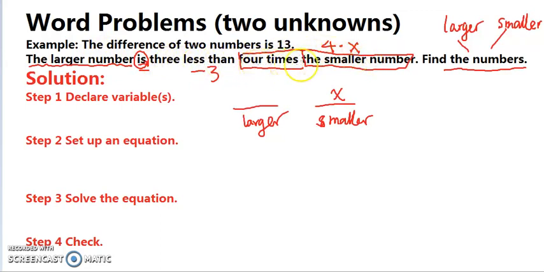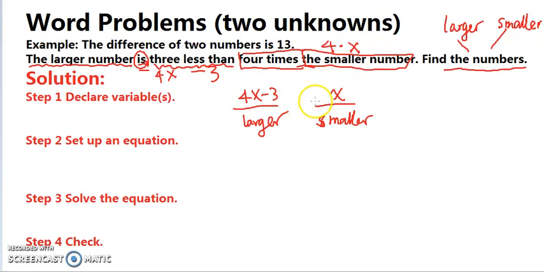The smaller is x, so 4 times x, and then we add 3 less than. 3 less than is minus 3. So we subtract 3 from 4x. And that is the larger number. So if we read it, the larger is 4x minus 3. I'm going to put 4x minus 3 in the place of the larger.